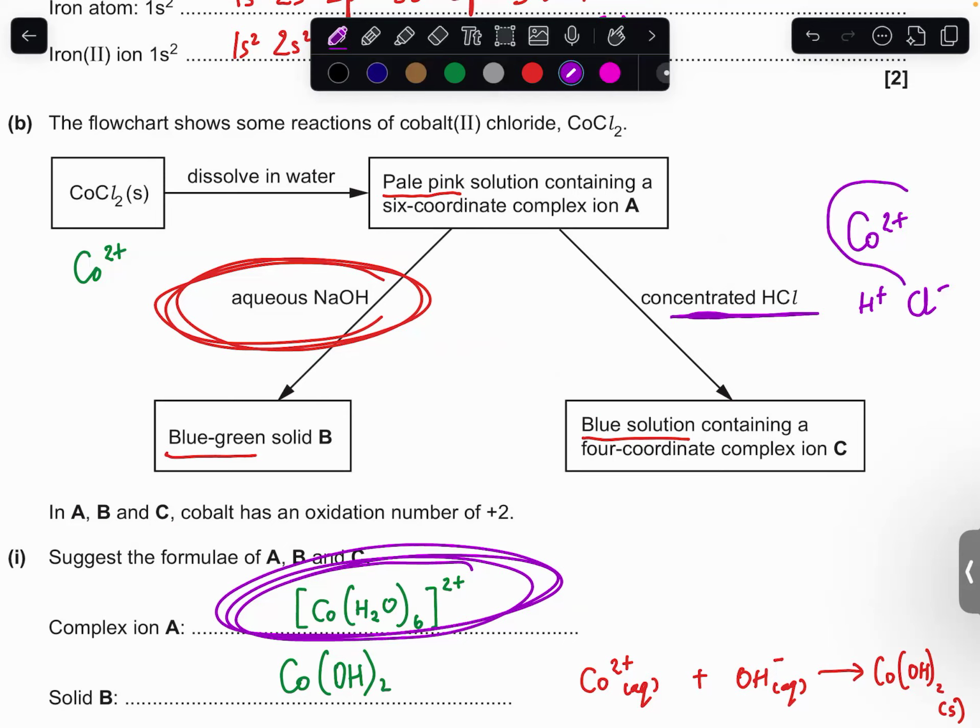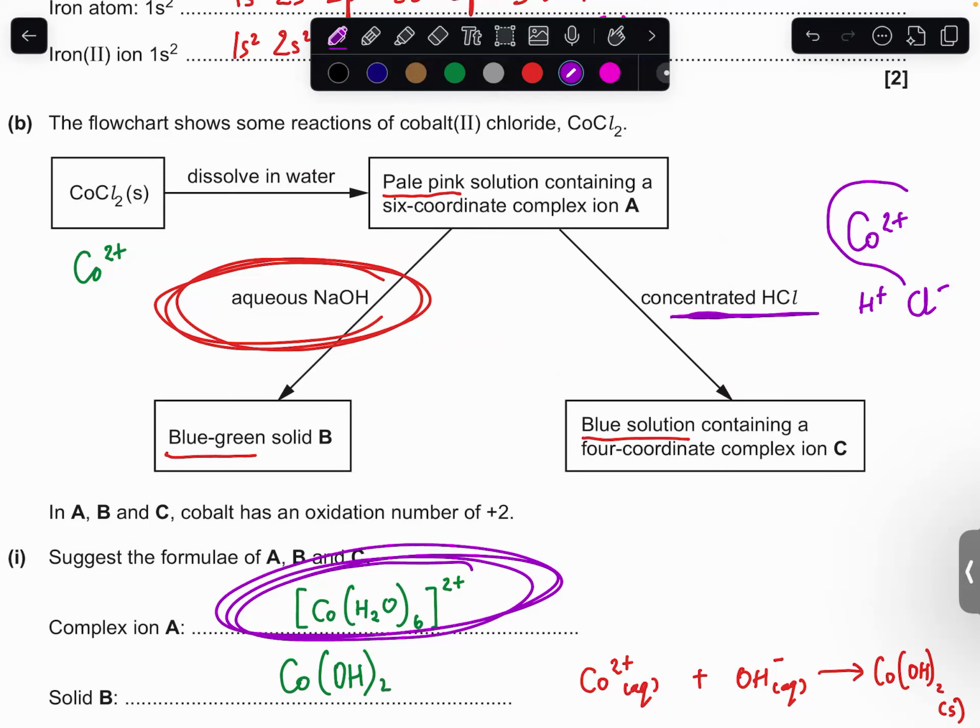The reason for that is the chloride ion is significantly bigger than the water molecules, actually 1 shell bigger. Also, you've got 4 chloride ions that all have a negative charge each, so there's going to be a greater repulsion between them. That's why the coordination number is 4, whereas with water, the coordination number is 6.